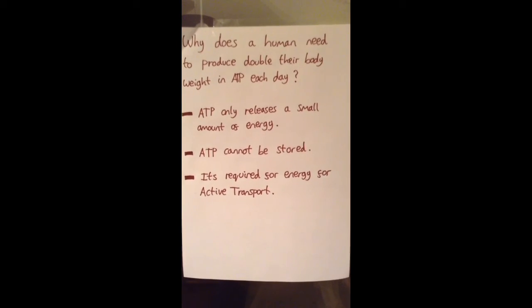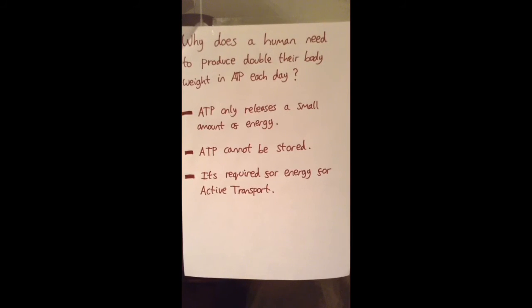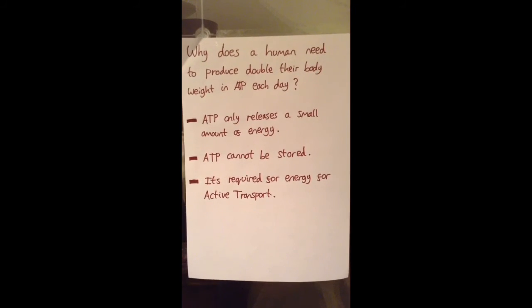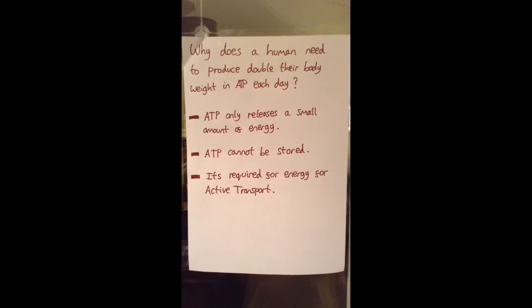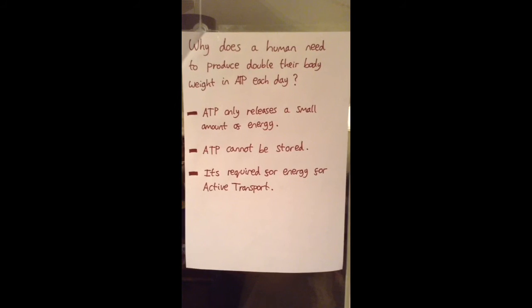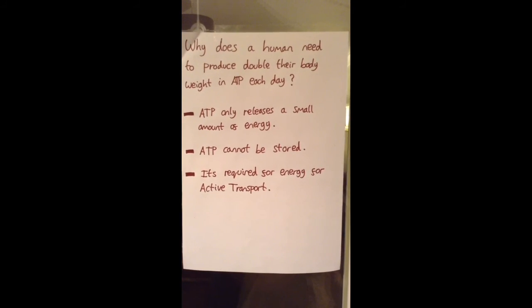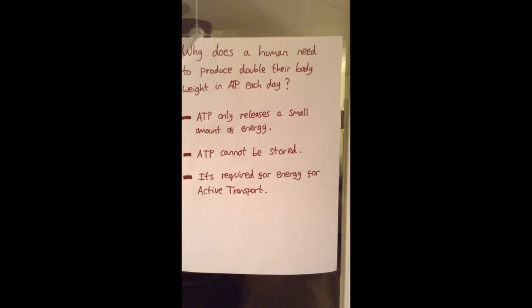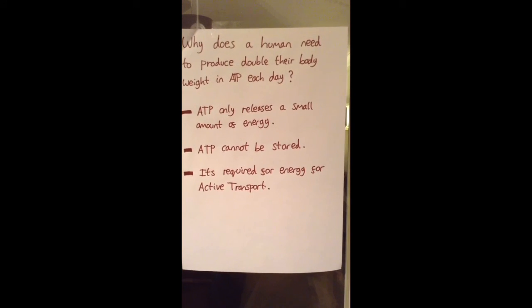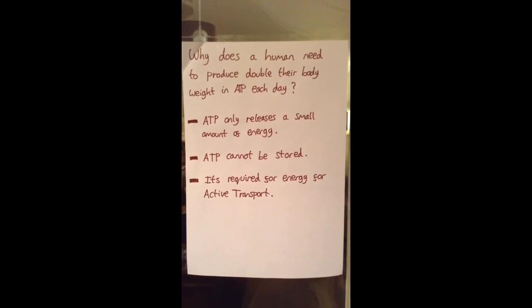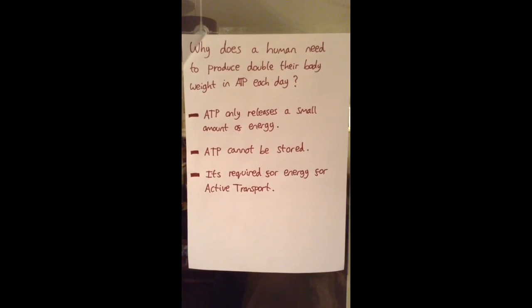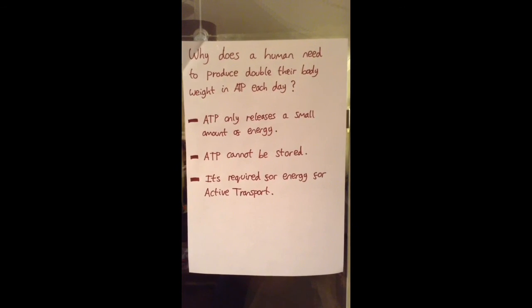ATP cannot be stored, so you have to keep making it if you want that energy. And the energy that it transfers is used for active transport. You could say that as an example of what ATP is used for. So that is why a human would need to produce such a lot of ATP, because active transport is happening so much in the body every day.